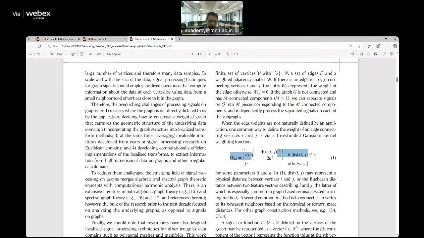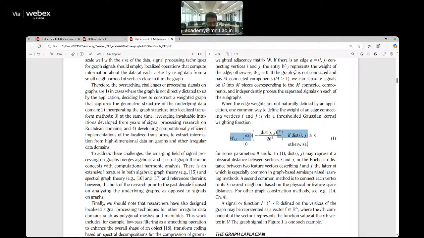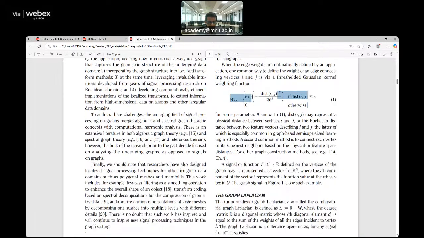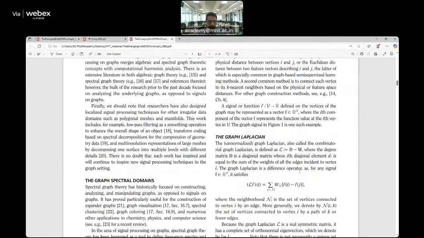Why does this work? This Gaussian weight simply tells that if two things are nearby, they have more impact. That's why distance ij is less. And if they are far away, it has reduced impact because it is minus distance squared. That's why most of the time Gaussian weights work well. But not only Gaussian weights, you can take other weights also.